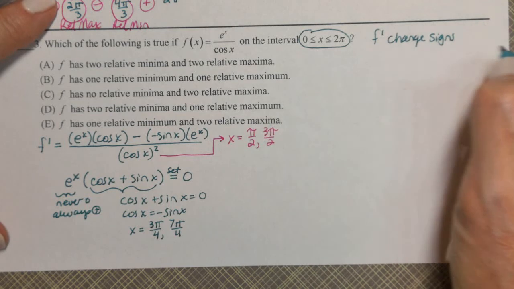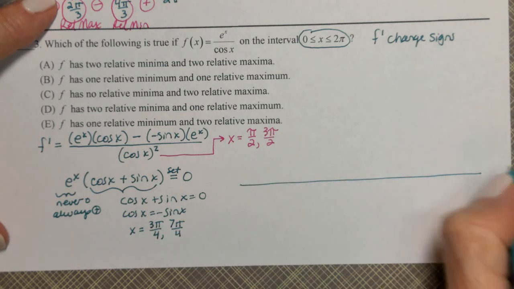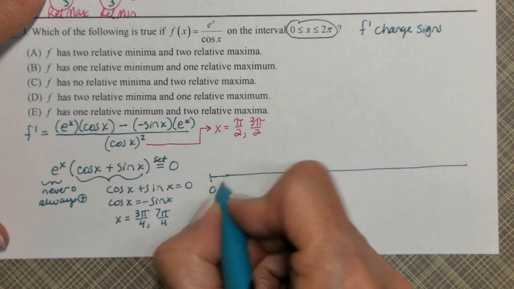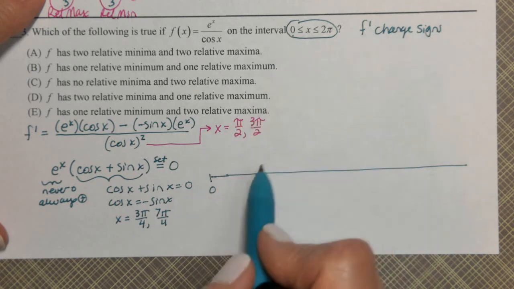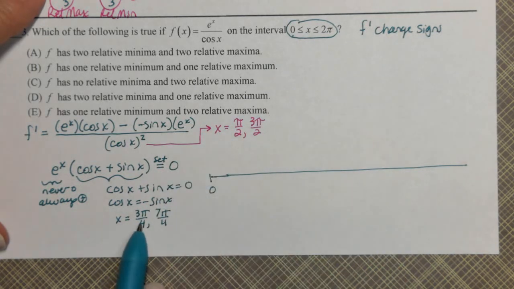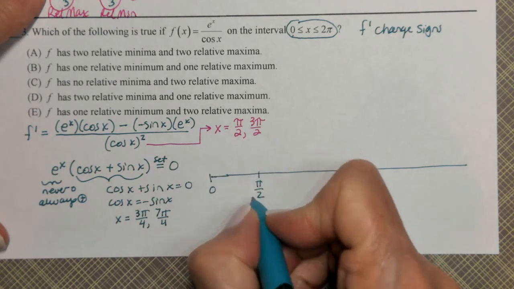So I'm going to put our sign chart right here where it's nice and I have a lot of space. So I'm starting at 0. And what's my next lowest value here? Well, my next lowest, 3 pi over 4 is greater than pi over 2. So I'm going to put pi over 2 on my sign chart.